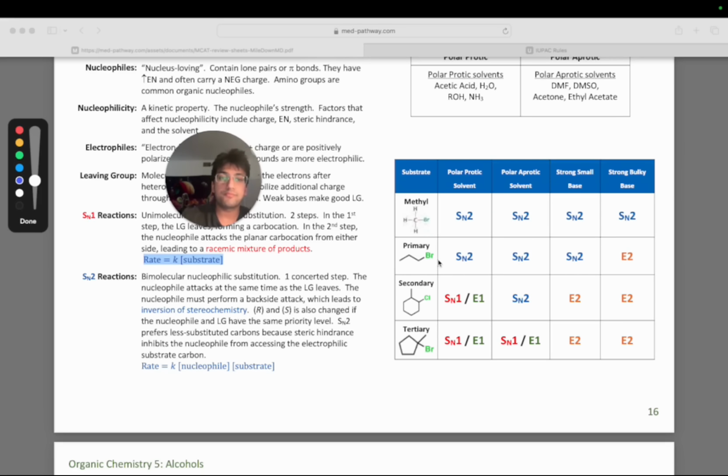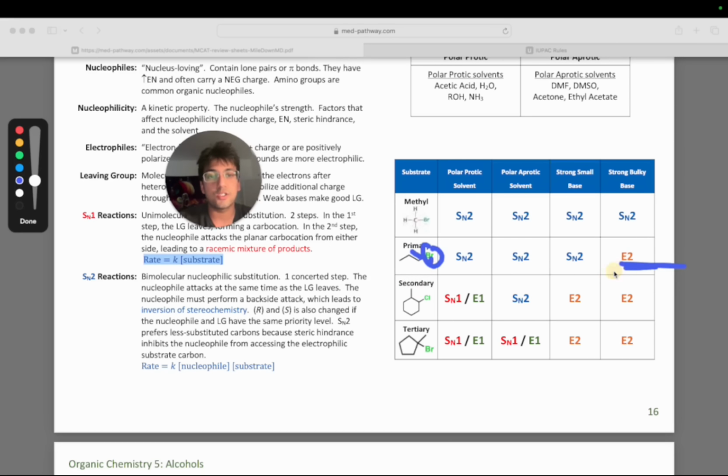So in the case of a really strong and bulky base, this guy is just going to leave, and there will be a double bond over here, and these electrons will just go onto the bromine, which becomes a leaving group.